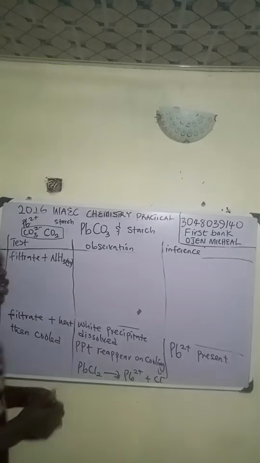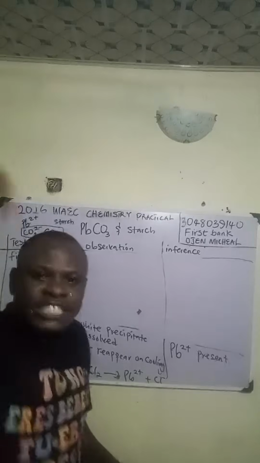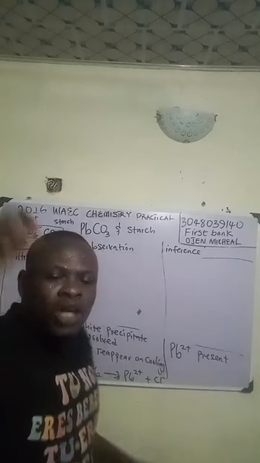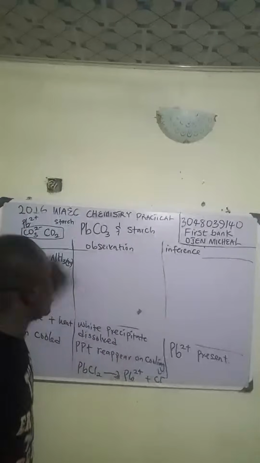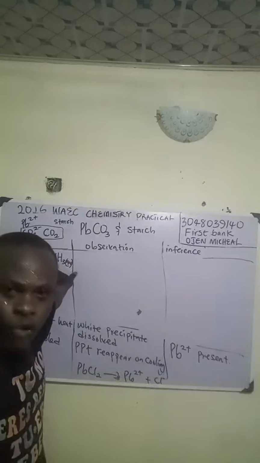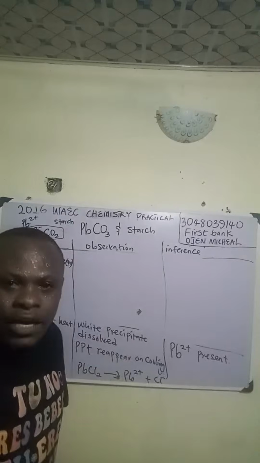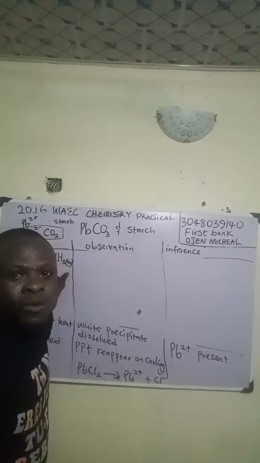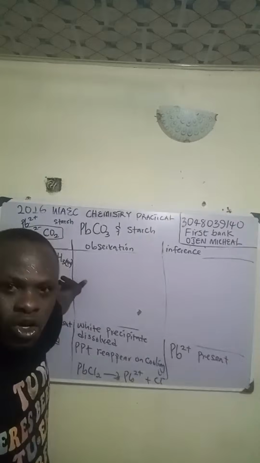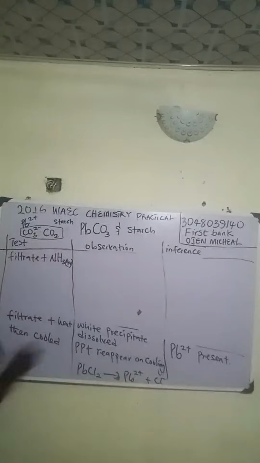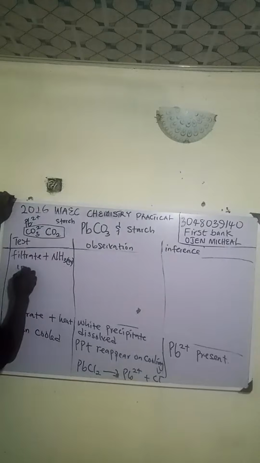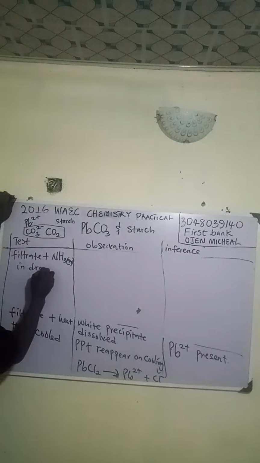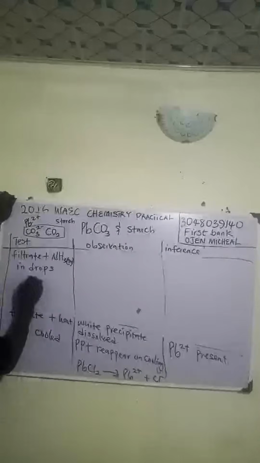Whether you are using HNO3 or HCl, in the case of HCl, after reporting it, this is the next step that will follow. In the case of HNO3, this is the next step that will follow. Do you understand? So now, filtrate plus aqueous ammonia in drops.